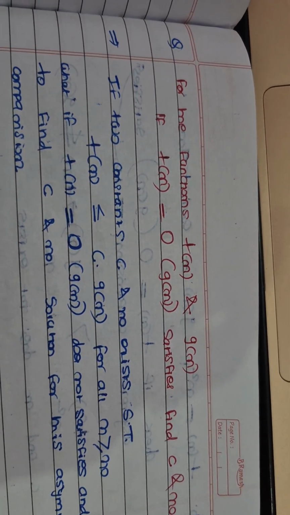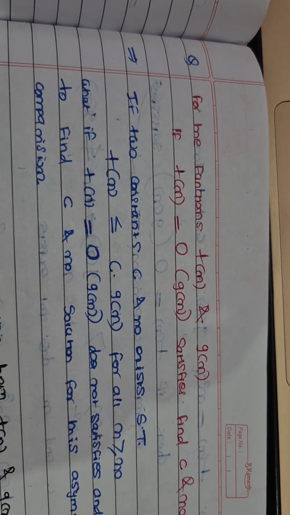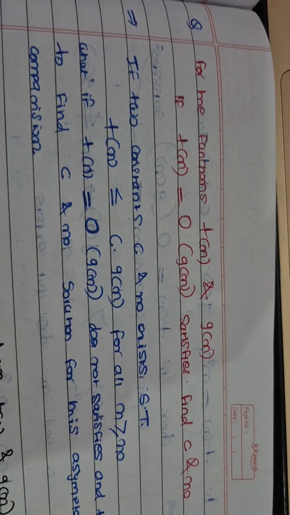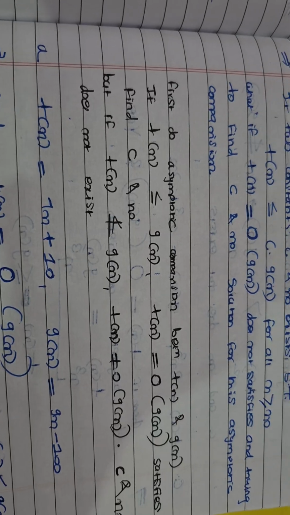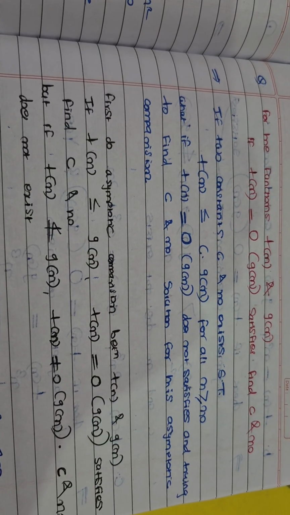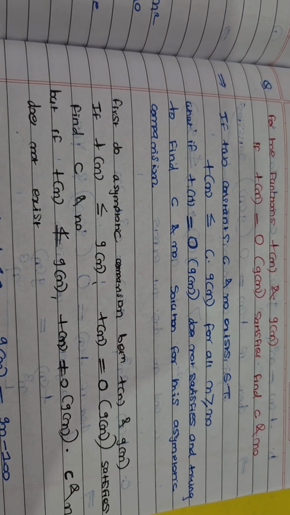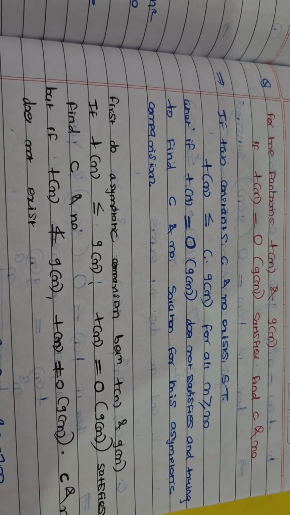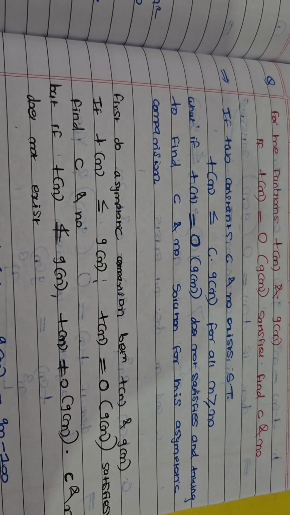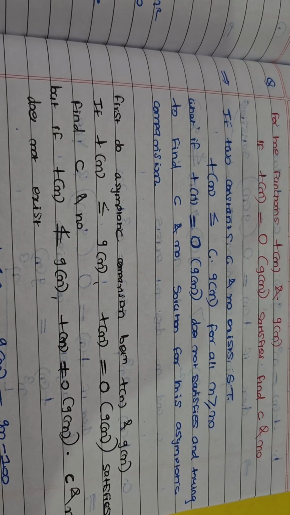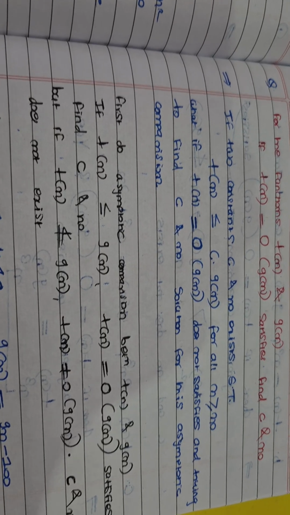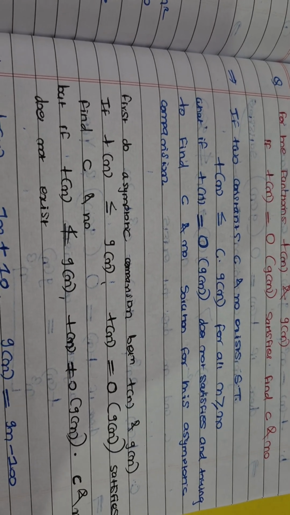For the functions T(n) and g(n), if T(n) equal to O(g(n)) is to be satisfied, find c and n naught. So first, two constants c and n naught must exist such that this is the meaning of the equation. But what if they do not exist? Then checking whether T(n) is equal to O(g(n)) is a waste of time.